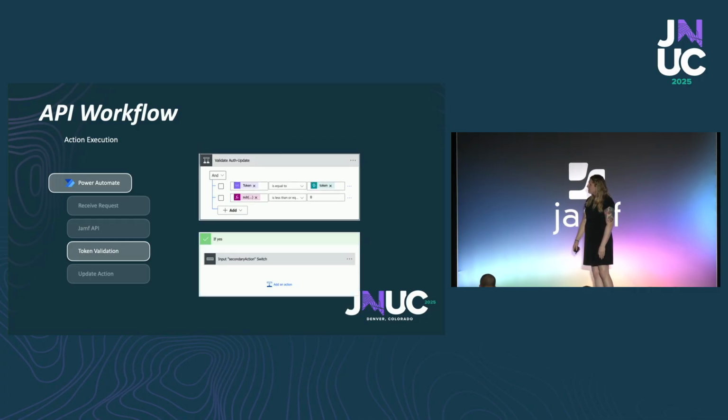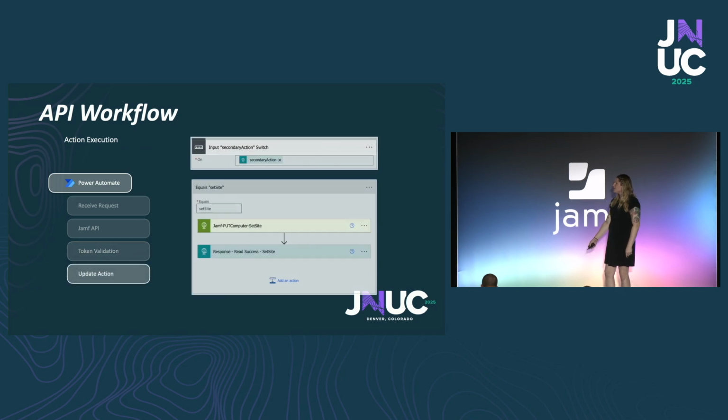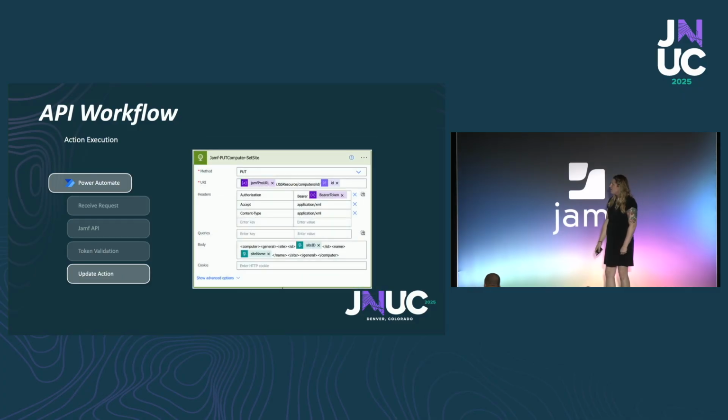But if it succeeds, then we can go on to the secondary action, which for this flow was set computer, or set site. So we're doing the set site value there, and this particular value is actually running an API command into Jamf Pro to set that site. It changes at this point.